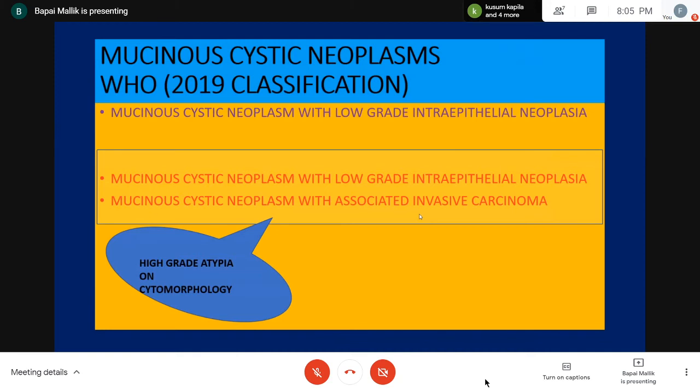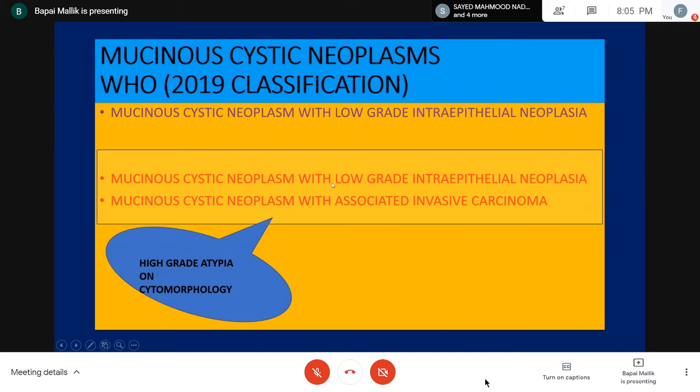So mucinous cystic neoplasms, according to the WHO classification, can be graded as follows: low-grade intraepithelial neoplasia with... I'm sorry about this. This should be neoplasm with high-grade intraepithelial neoplasia. This is a mistake.